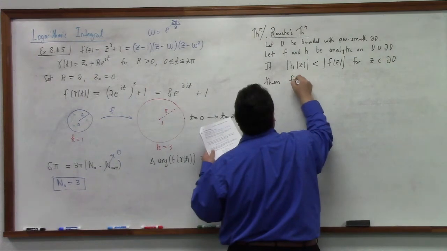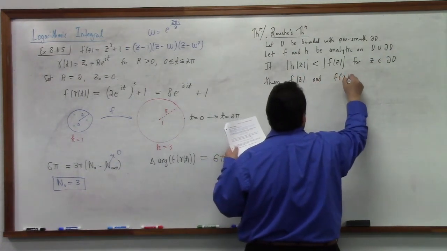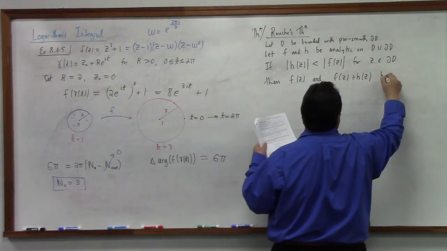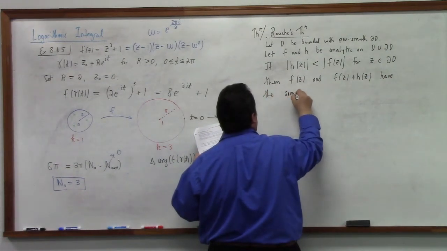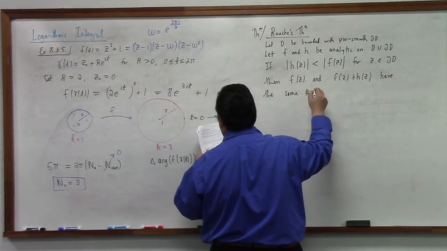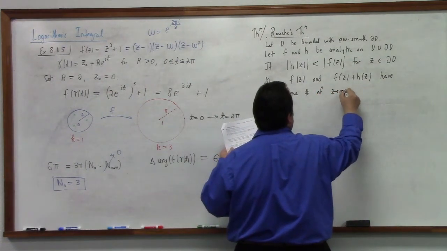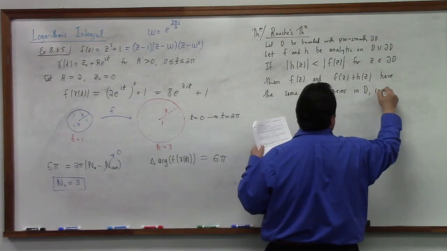f of z and f of z plus h of z have the same number of zeros in D, counting multiplicities.